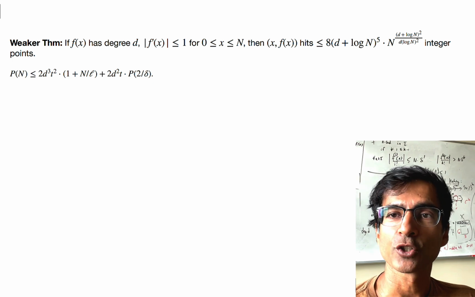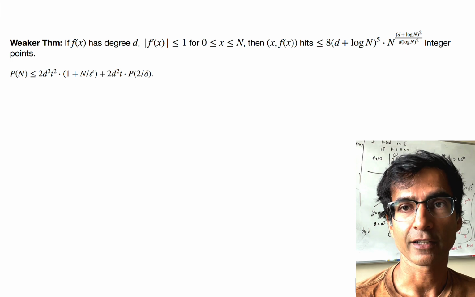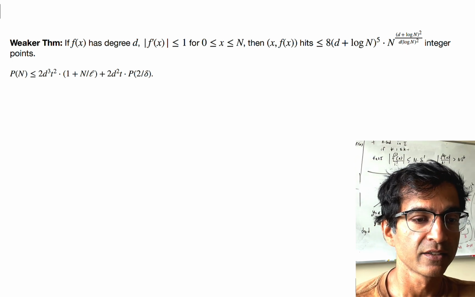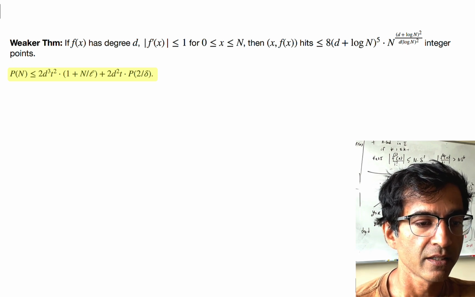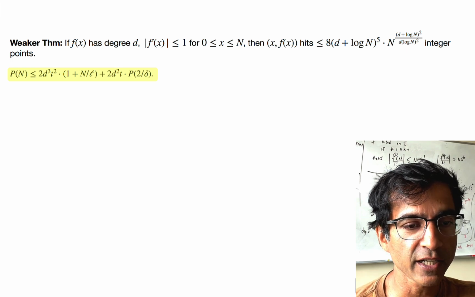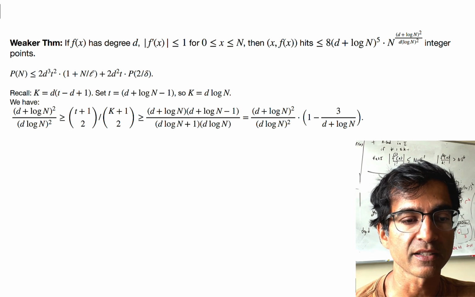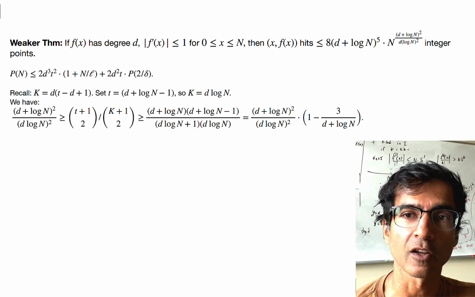So finally now, let me show you how to put all these calculations together. There are a lot of variables and you have to set them carefully. I'll just give you a sketch of how to do it. This is the kind of bound we obtained in the last slide. A good way to set things is to set t to be d plus log n minus 1 and k to be, and this makes k equal to d log n.